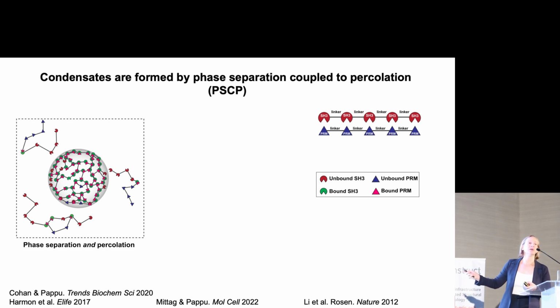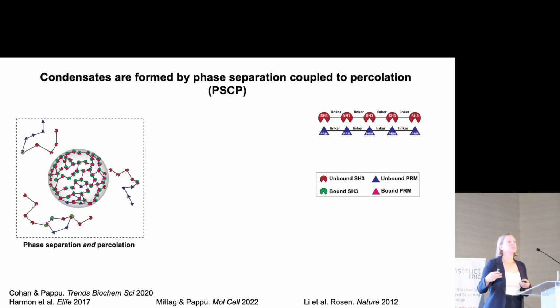Here is a famous example from Mike Rosen's lab, where there's a protein with repeats of SH3 domains that binds to another protein with repeats of proline-rich motifs. Each of these can bind to the SH3 domains, and then you get large non-covalently cross-linked complexes.